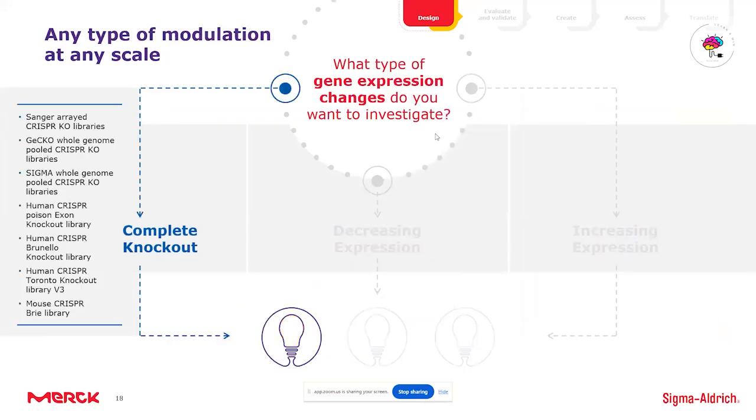But of course, either you are looking at the complete knockout, the decrease in expression, or increasing the expression. So we are happy to let you know that we can support you with all of that.